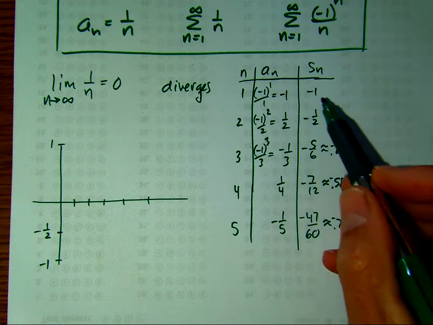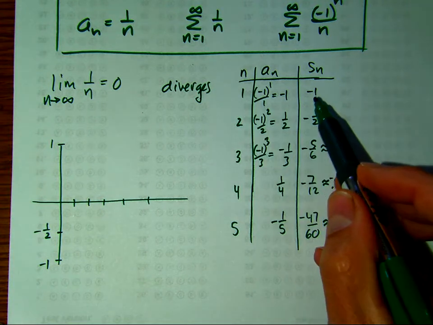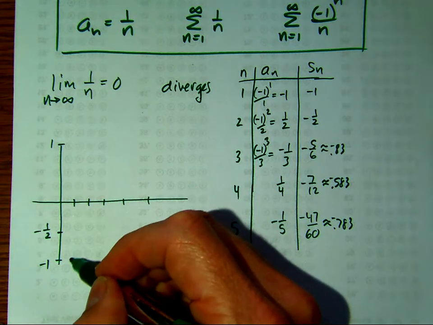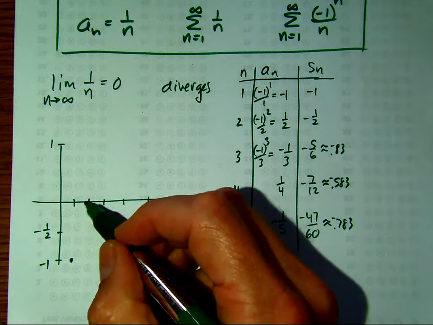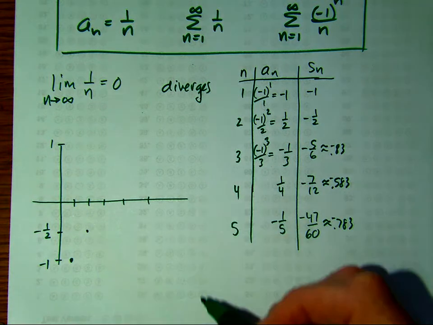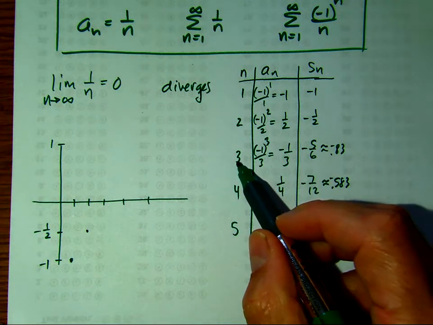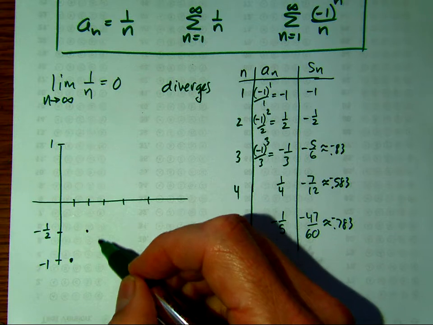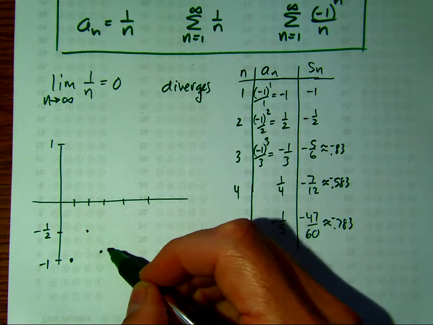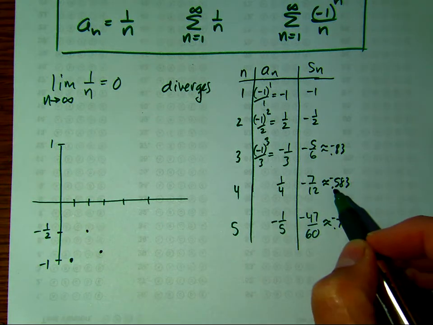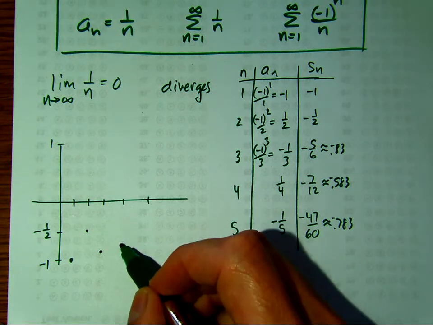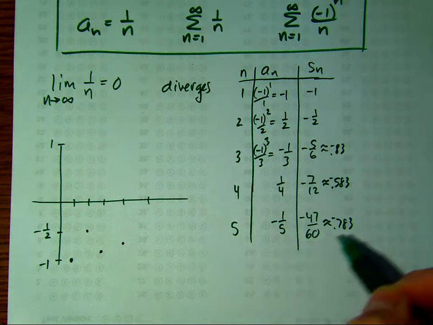So at 1, we'll be at -1. At 2, we go to -1/2. At 3, we go to -0.83, somewhere down there. At 4, -0.583.